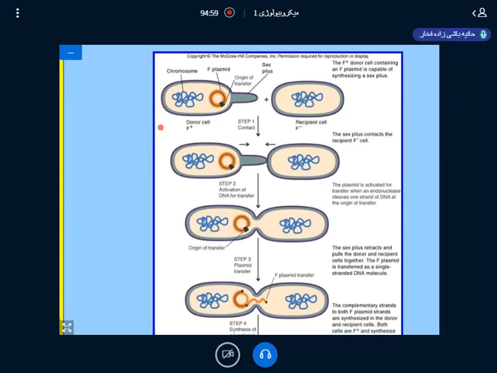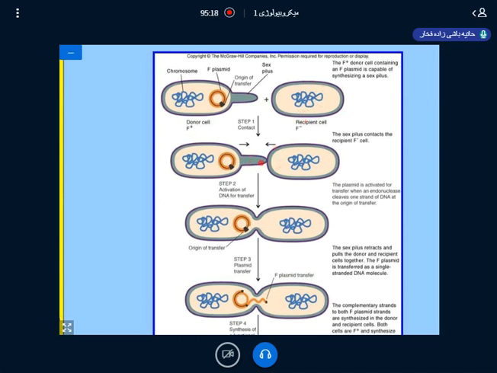Okay. Conjugation starts. We have one cell with sex pili and plasmid. We call it F positive. And we have one cell without plasmid and pili. We call it F negative.